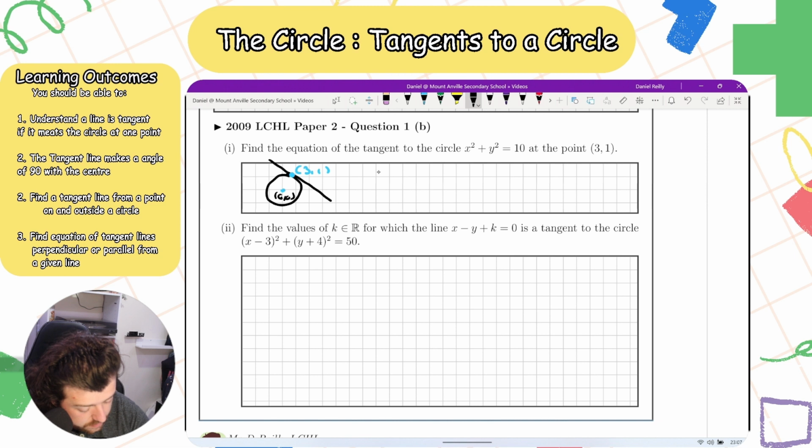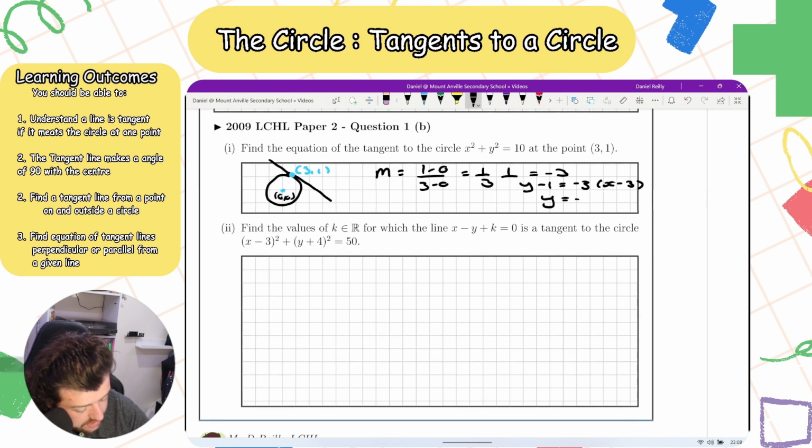So my slope is going to be 1 minus 0 over 3 minus 0, so it'll be 1/3. Perpendicular slope then is -3. And the equation of the tangent is just going to be y - 1 = -3(x - 3). y = -3x + 9 + 1, which is y = -3x + 10. That is the equation of the tangent there.